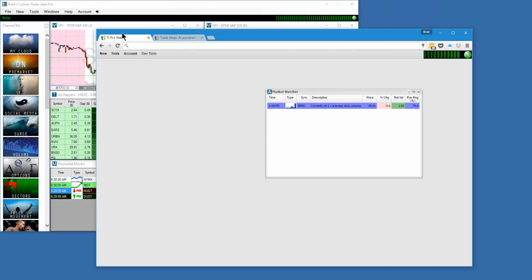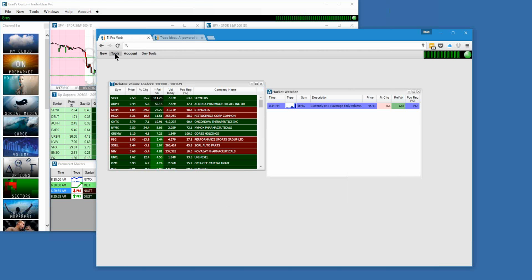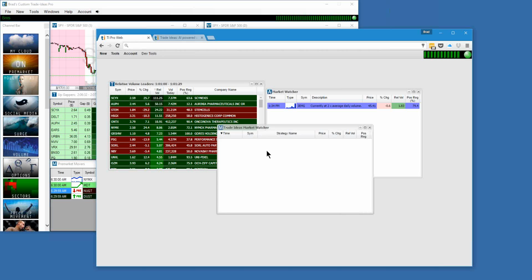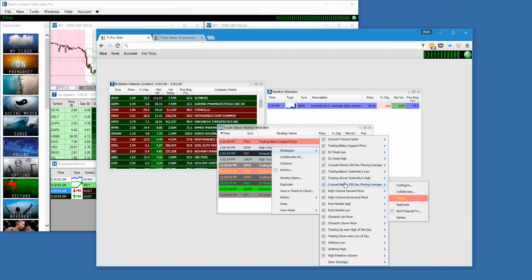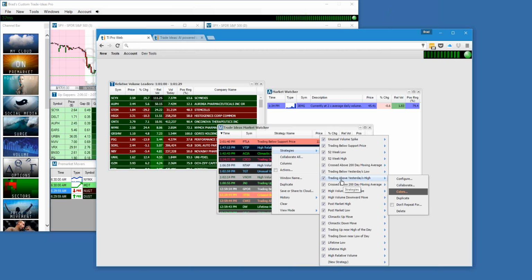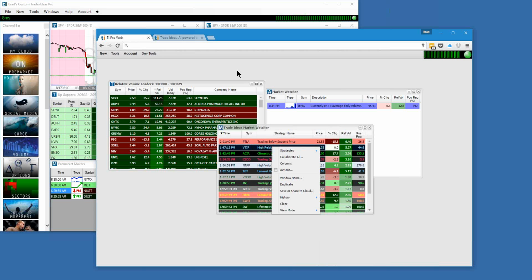Everything here is free floating, so I'll open up an alert, a top list. The cloud links allow you to share between the application and the web version of the tool. Bring in a multi-strategy window, which is just an alert window with a variety of different strategies all embedded in it, with different alert and filter combinations for each one of the strategies.